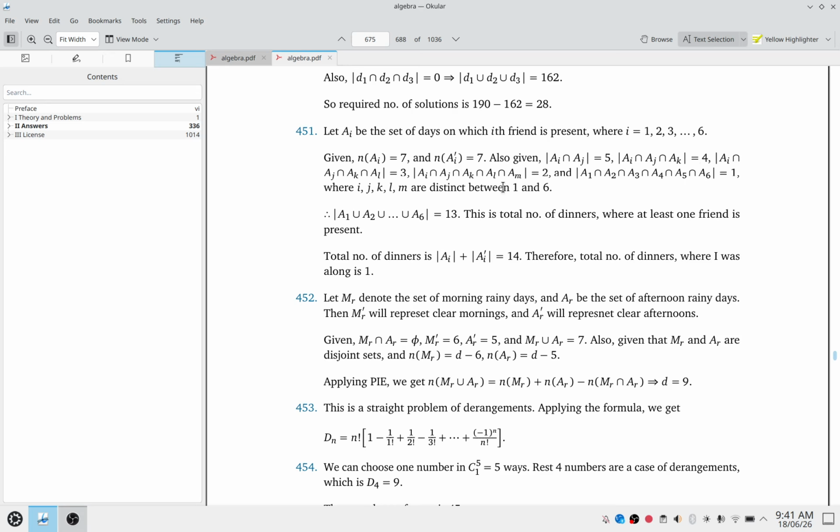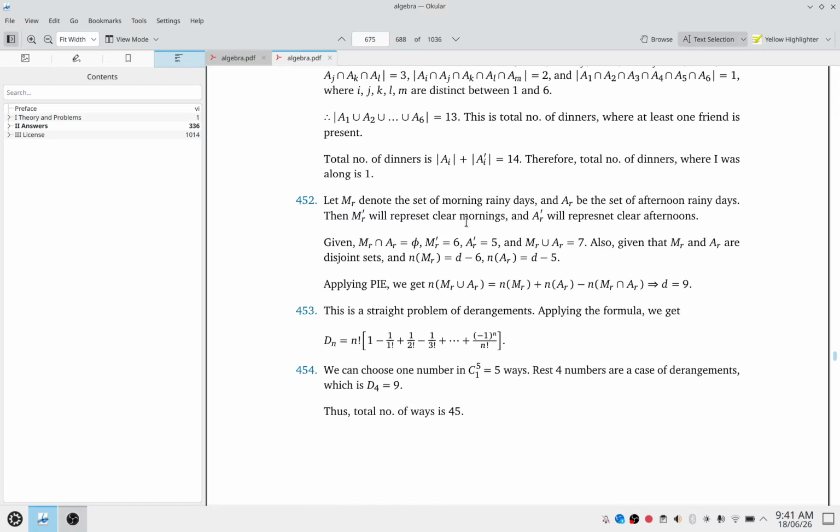We have all that, so the union would be 13. This is the total number of dinners where at least one friend is present. And the total number of dinners is n(A_i) plus n(A_i') equal to 14. So the total number of dinners where I was alone is 1.